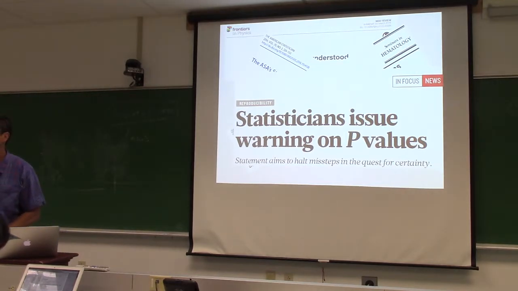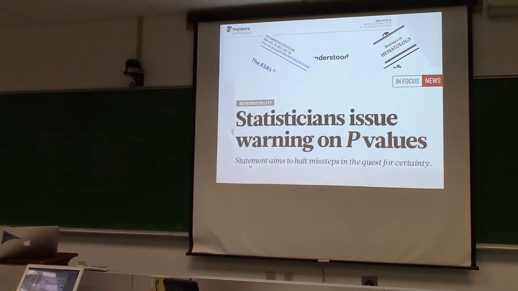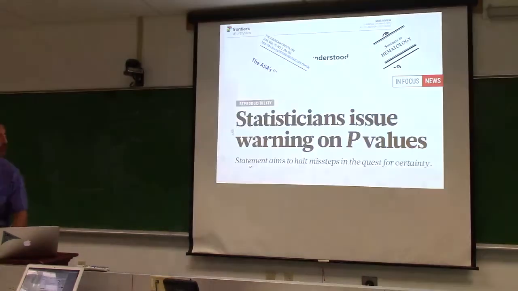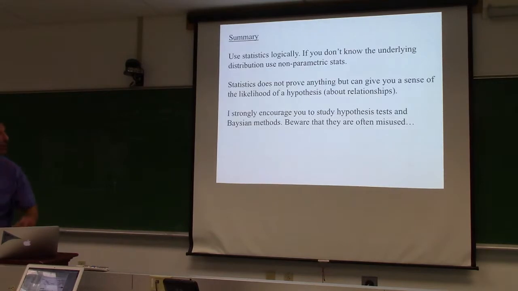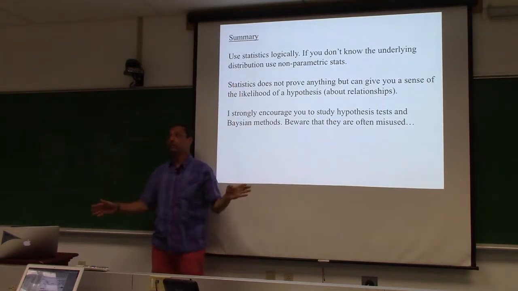Yes? When I studied ecology, we were taught to be afraid of non-parametrics because the power reduces, and to stay with a parametric test for hypothesis testing as much as you can. I'm advocating for non-parametric because if you don't know the underlying distribution, you're in safe territory.